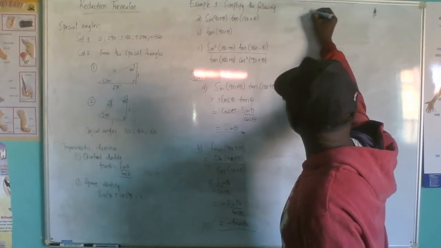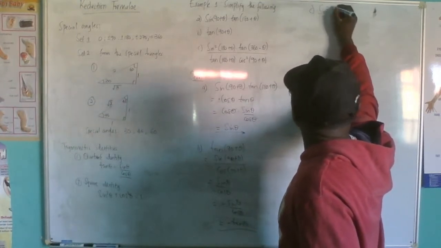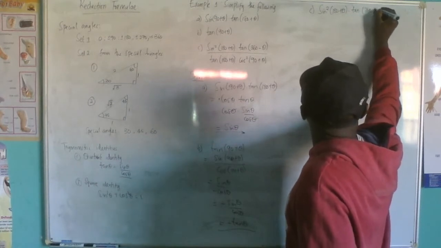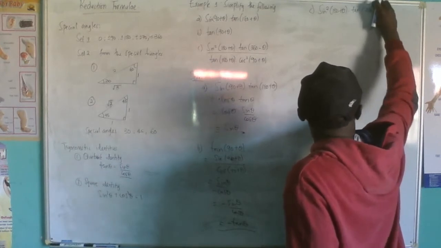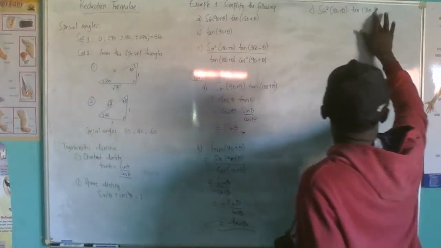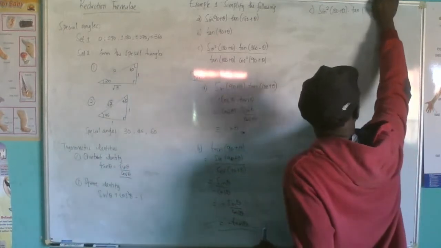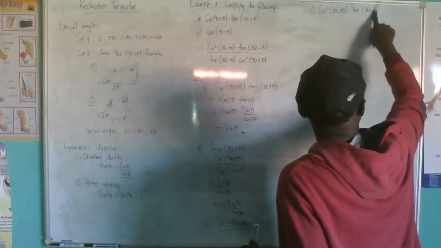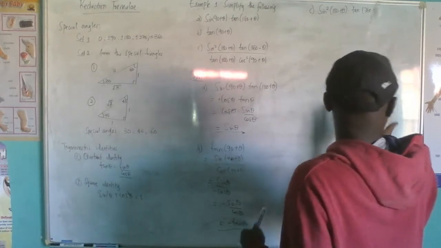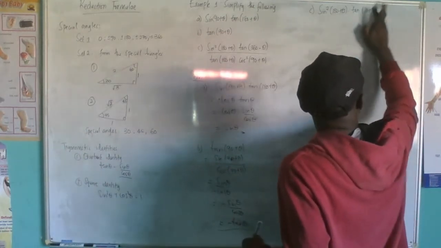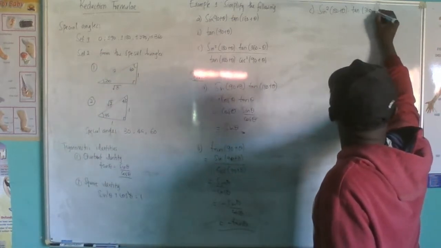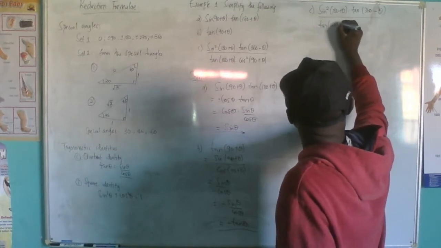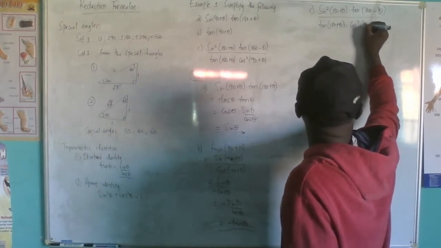The last example, which is C, is sine squared of 180 plus theta times tan of 360 minus theta, all over tan of 180 plus theta times cos squared of 90 plus theta.